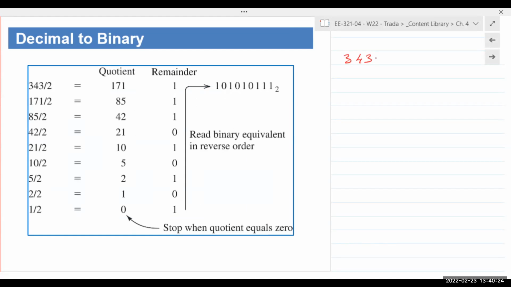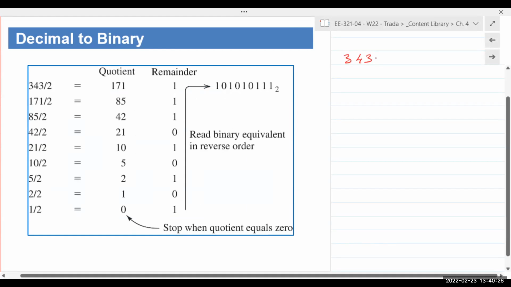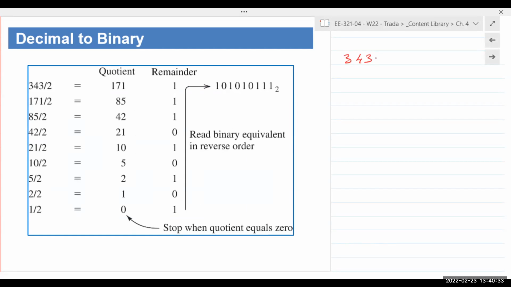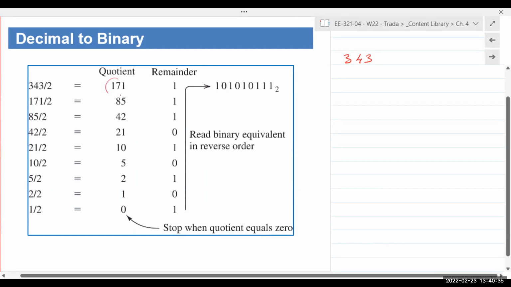If you start with an odd number, the first remainder is always going to be 1. So 343 divided by 2 gives me 171, remainder 1, because 171 times 2 is 342 plus 1.